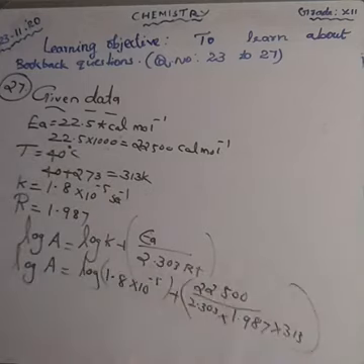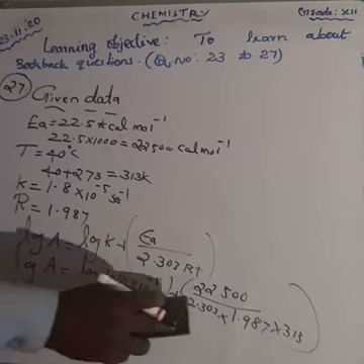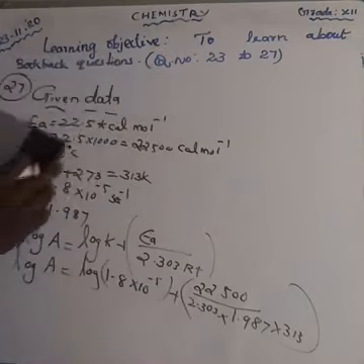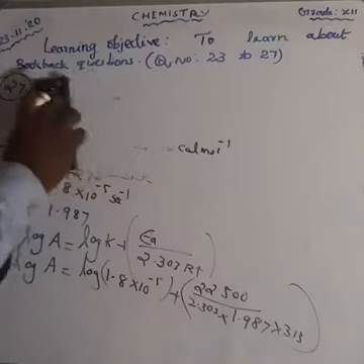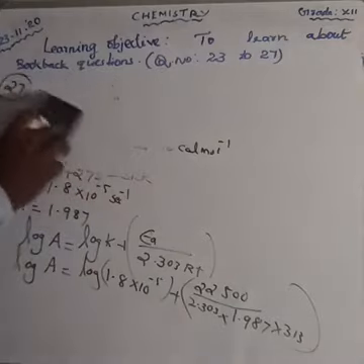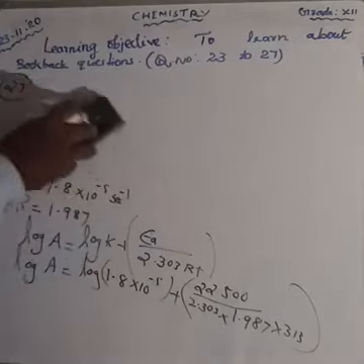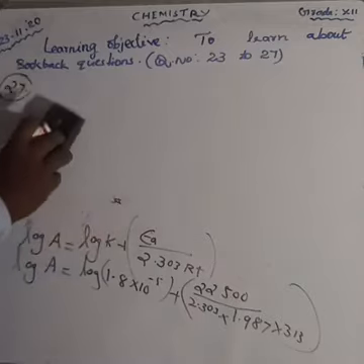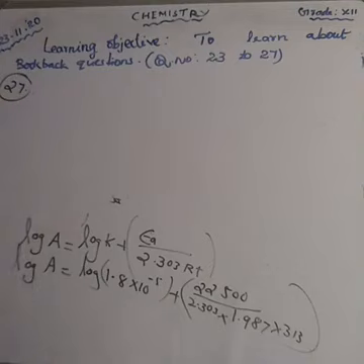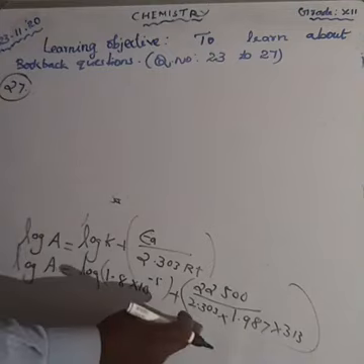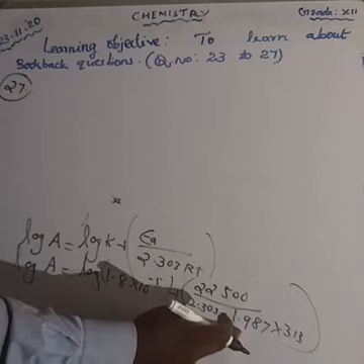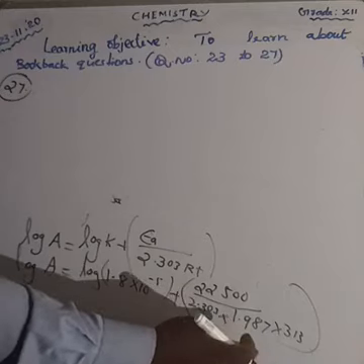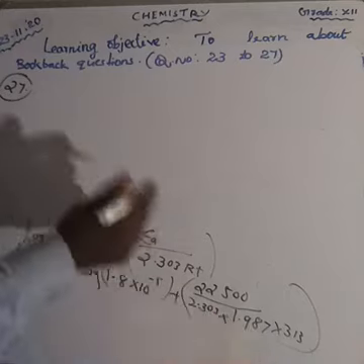First we should multiply 2.303 into 1.987 into 313.